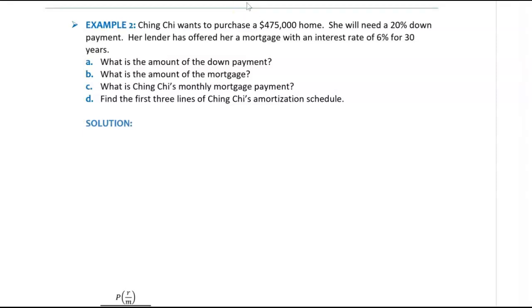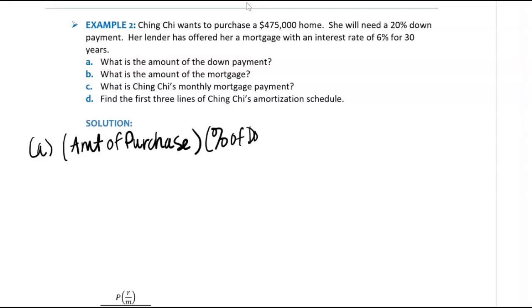So, for part A, we need to find the down payment. In order to do that, we need the amount of purchase times the percentage of the down payment in decimal form, and that will equal the down payment amount.